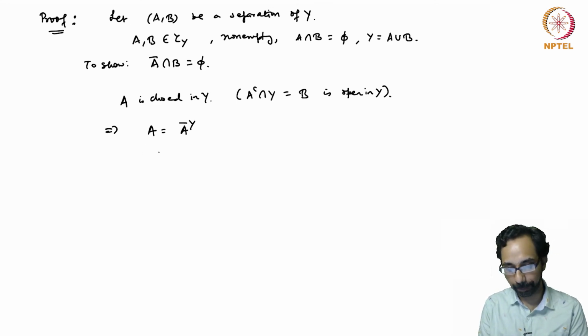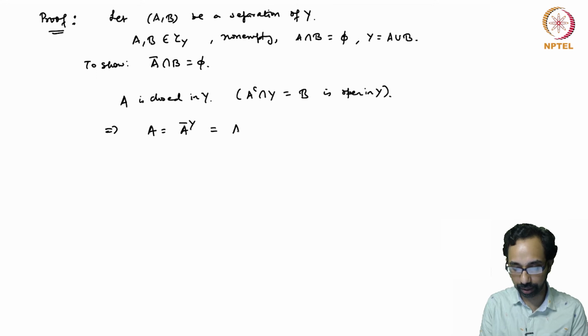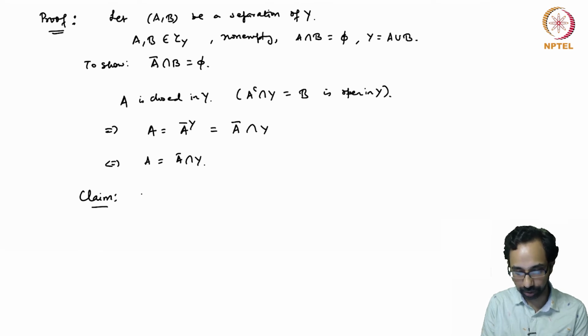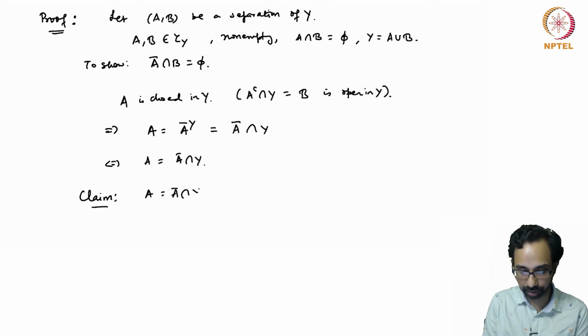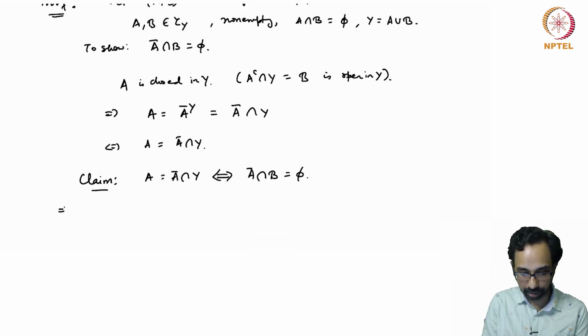So this is just saying that A is closed in Y. On the other hand, we have proved that the closure of A in Y is nothing but the closure of A in X intersecting with Y. And now, we have A equals A closure intersection Y, and I claim that this is equivalent to saying that A closure intersection B is empty.